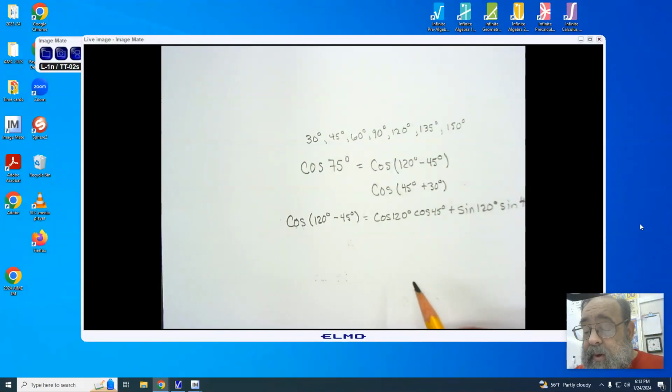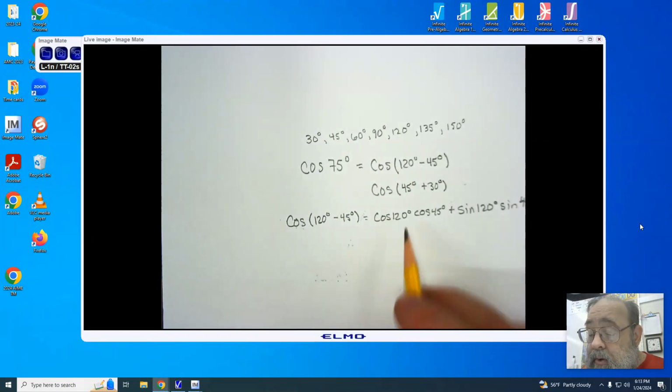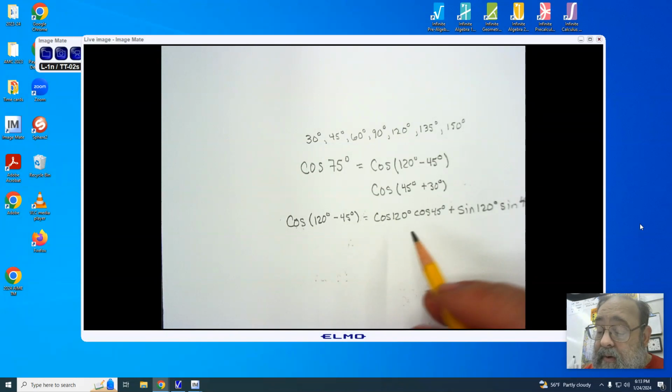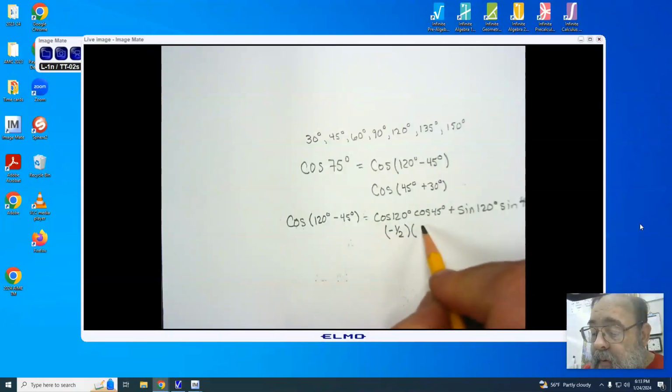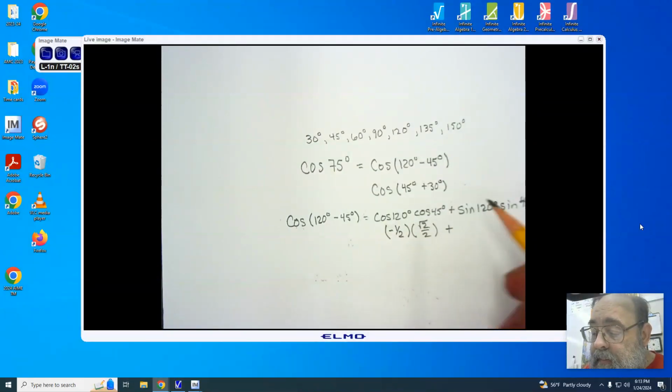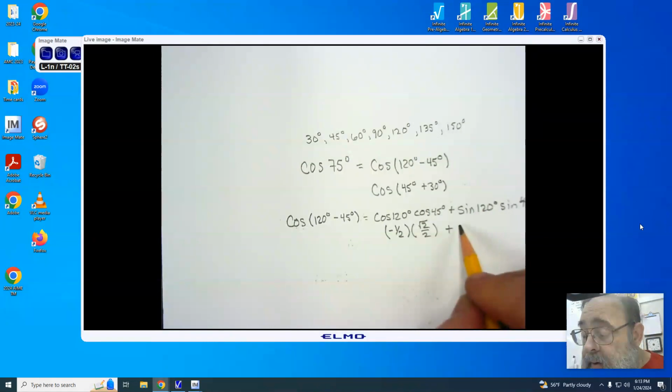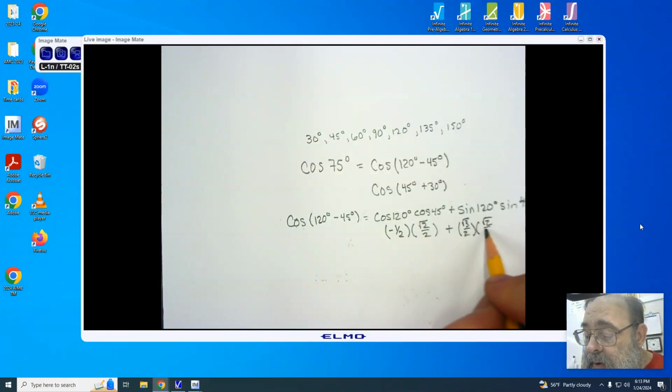Now, as we do this, we just have to know our ratios. The cosine of 120 degrees is going to have to be 1/2. Notice this is a negative value. The cosine of 45 is root 2 over 2, plus the sine of 120 degrees is root 3 over 2, and the cosine is root 2 over 2.